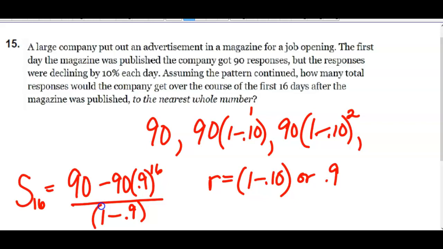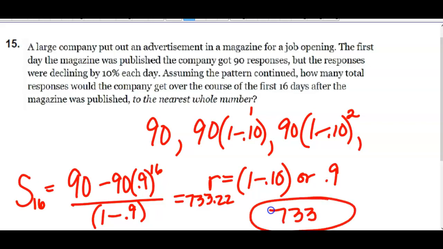Okay, 90 minus 90 times 0.9 to the 16th divided by the quantity 1 minus 0.9 is 733.22. So 733 is the nearest whole number.